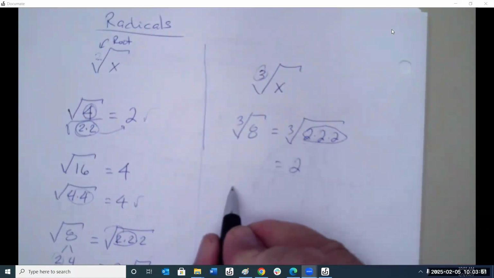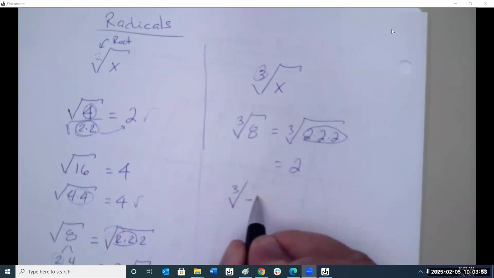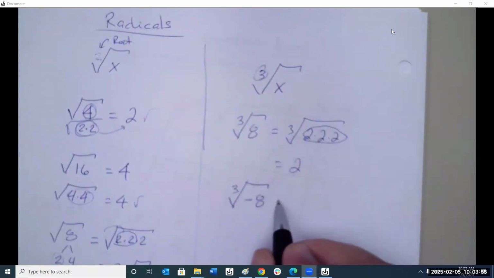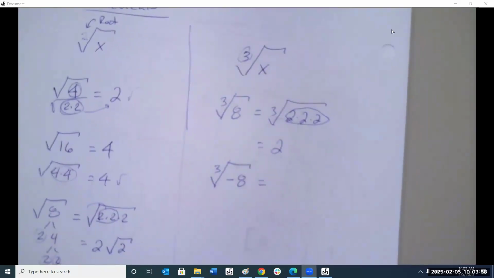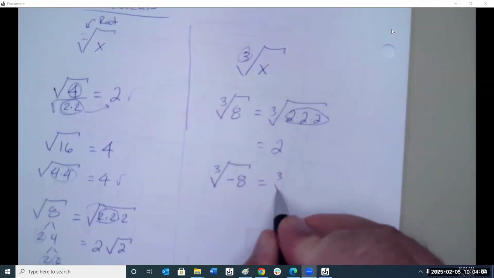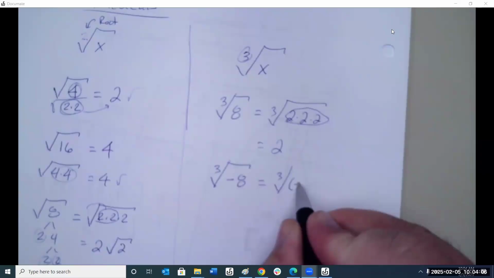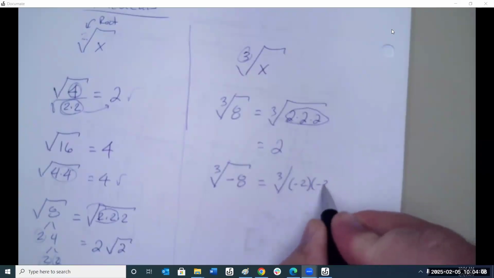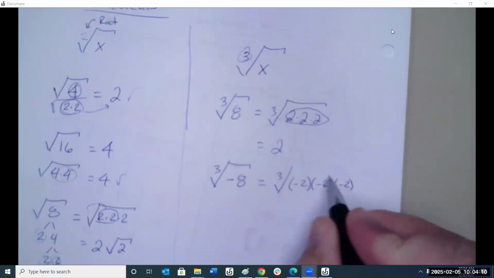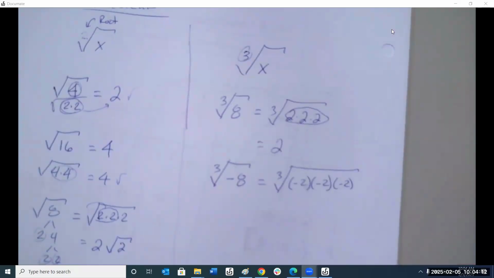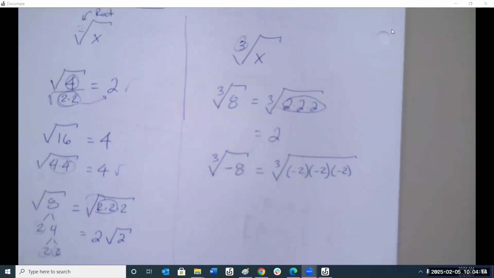Because there's an odd number, I can take the cube root of -8. Because -8 is made up of -2 times -2 times -2. I have 3 of a kind, so my answer is -2.